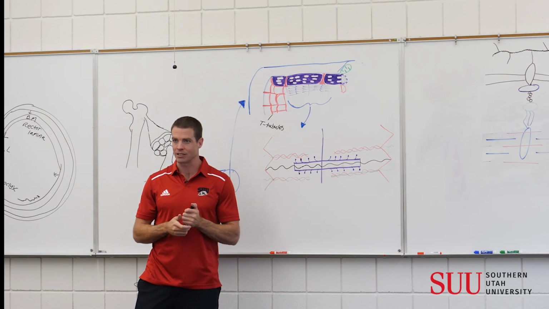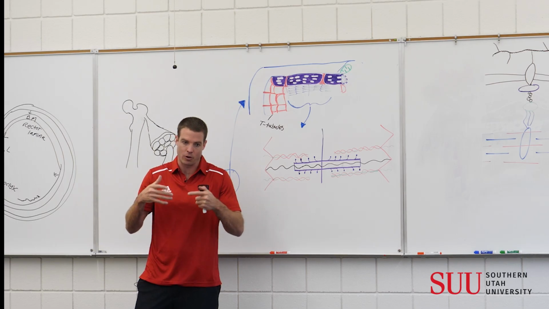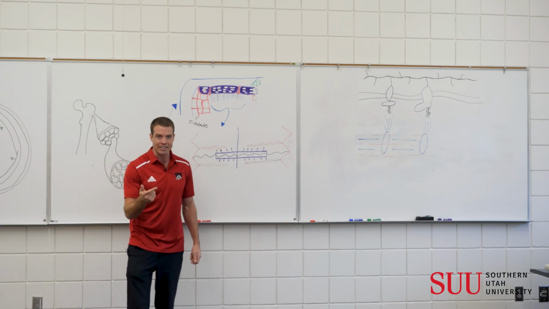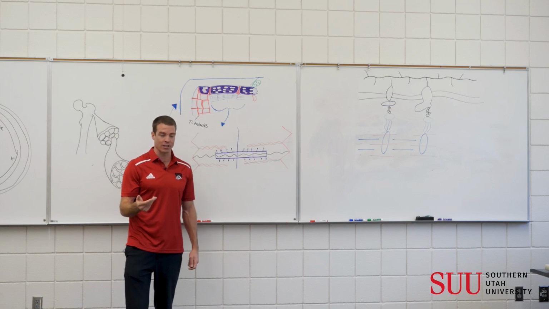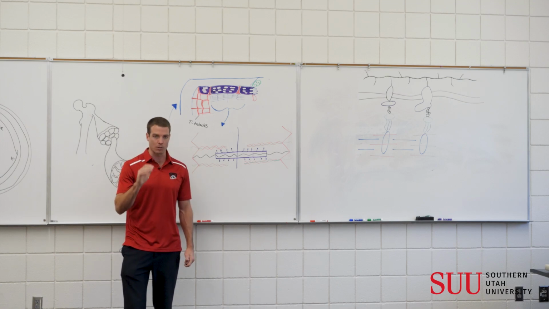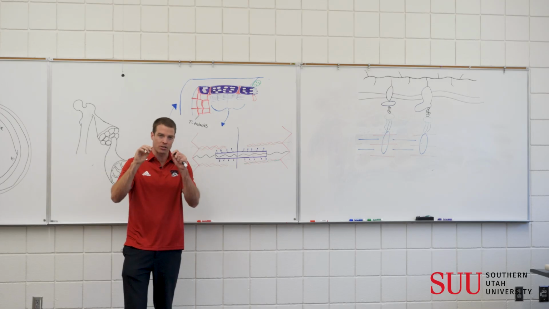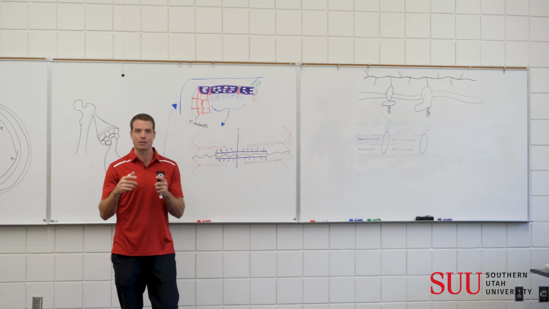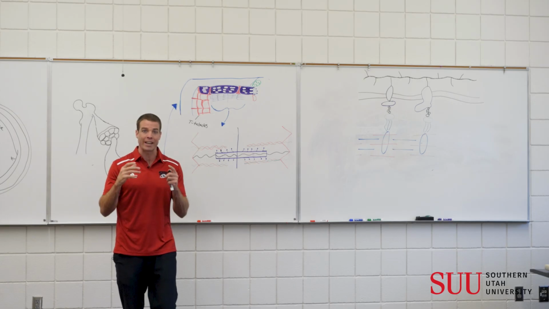Now, these sarcomeres contain many different proteins for them to function. And the primary ones are things like myosin, actin, troponin, and tropomyosin. We're going to talk about these in more detail, but it's really important you know all of these. So let's talk about the sarcomere more specifically. Again, sarcomeres are arranged in a series within the myofibrils, producing these striated appearances.